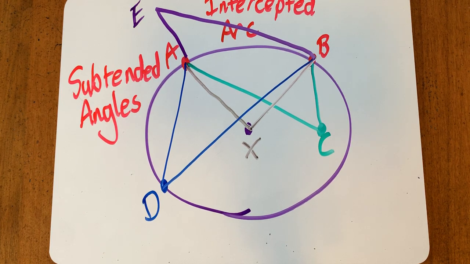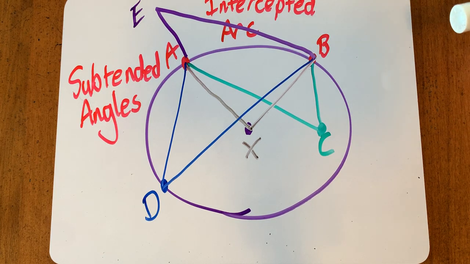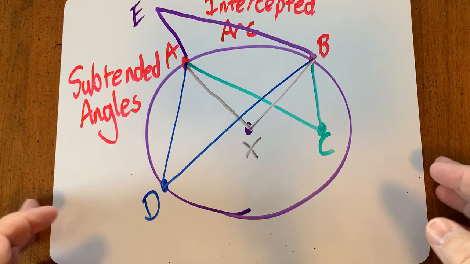So if an angle intercepts an arc, that angle subtends the arc. So for every arc, any angle that you can build off of it is called a subtended angle. So that's the terminology we will be using for this video.